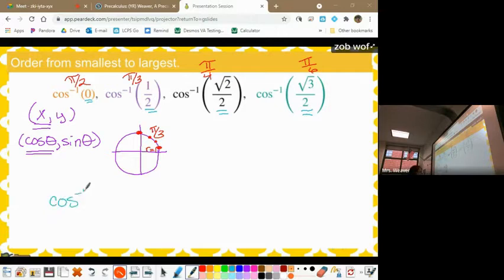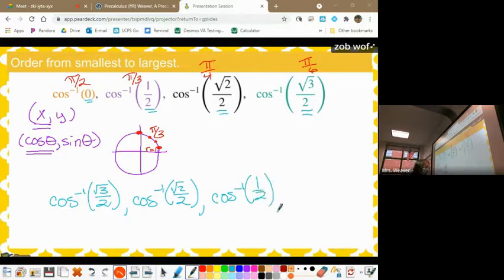So cosine inverse of root 3 over 2 is the smallest. Cosine inverse of root 2 over 2 is next. Cosine inverse of 1/2 is second to largest. And cosine inverse of 0 is the largest. So they were in reverse order there.